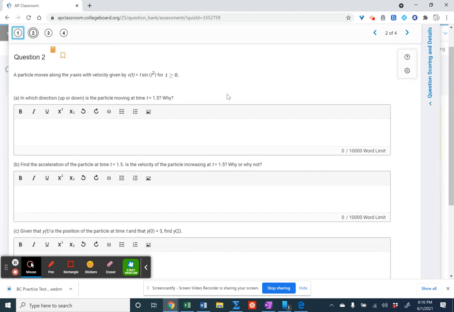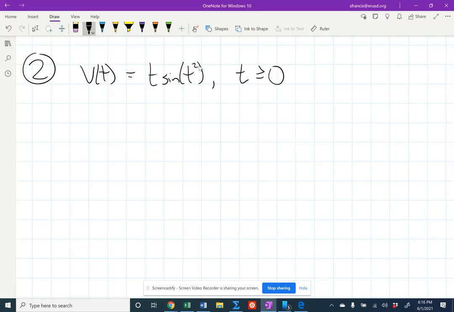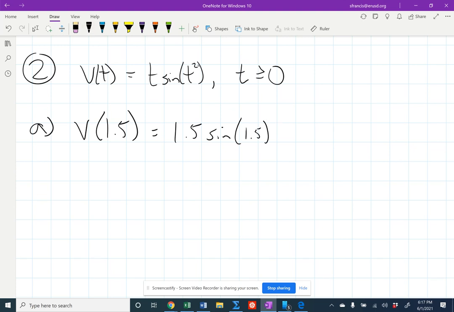Alright, for 2, we're given that a particle moves on the y-axis with the velocity function v of t equal to t sine t squared, t is greater than or equal to 0. Don't ignore that part. It says in which direction, up or down, is the particle moving at t equals 1.5. The velocity does give us the direction of motion, so we've got to figure out what v of 1.5 is, and you can just type this into your calculator and see what you get.